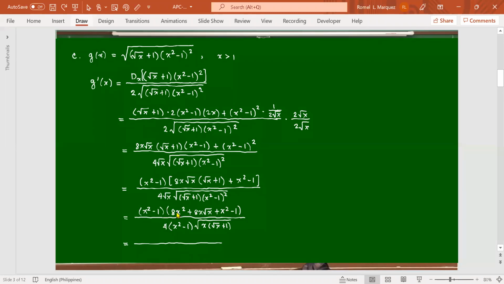Is that correct, guys? 9x squared plus 8x square root of x plus 1, all over 4 square root of x times square root of x plus 1. Okay, that's it. That's the answer.